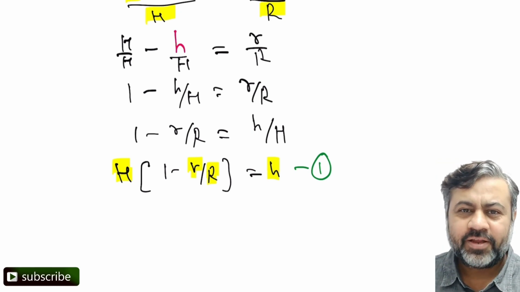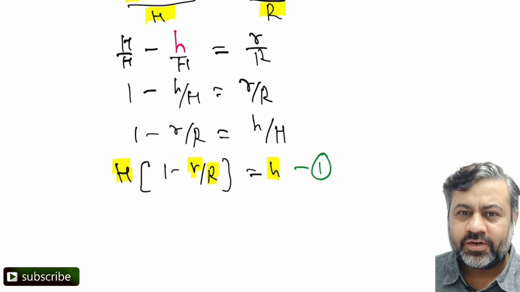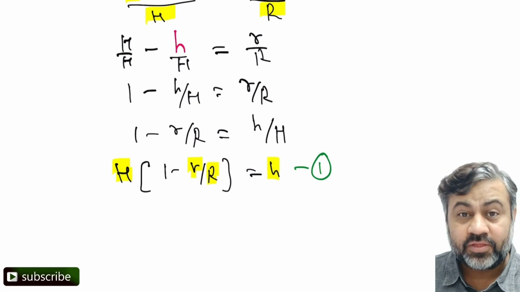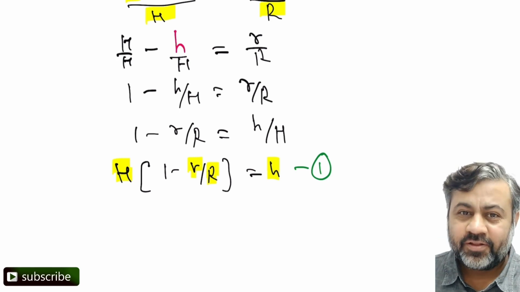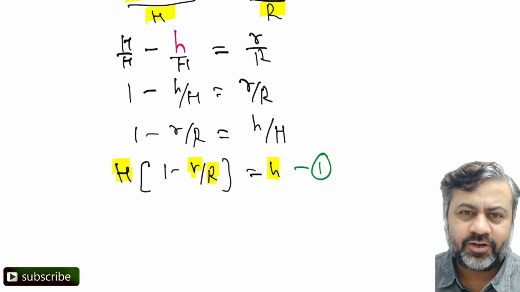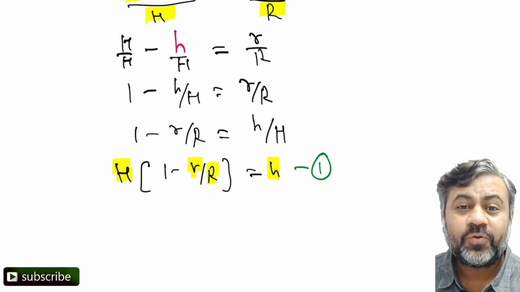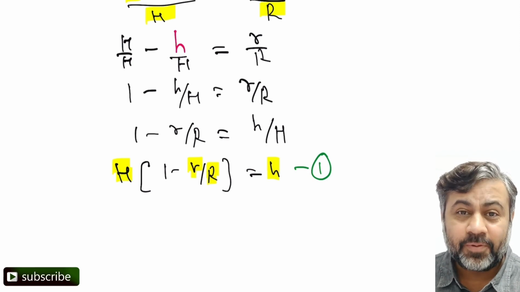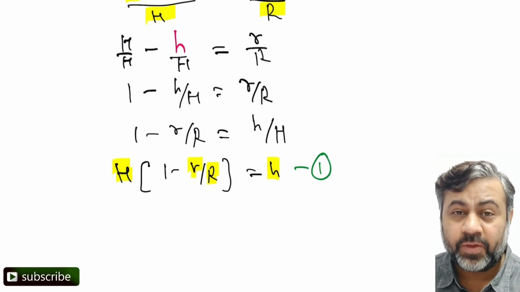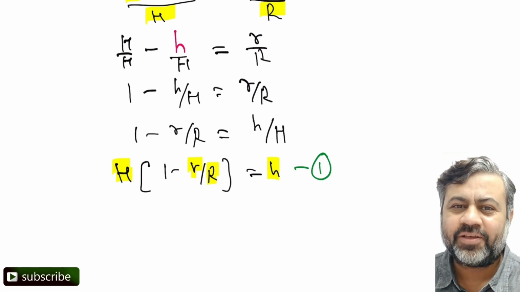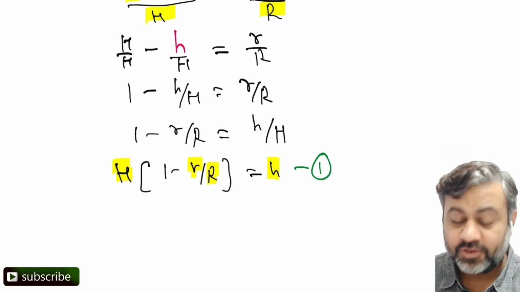What are the steps? Take the first order derivative, take the second order derivative, then take the first order derivative equal to 0. Then take this value of r, what you get in terms of H or in terms of capital R, and substitute this value in the double derivative. If the double derivative comes out to be negative, we can claim it is maximum. Okay, so let's proceed further.